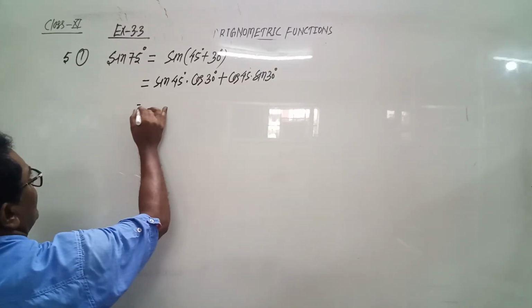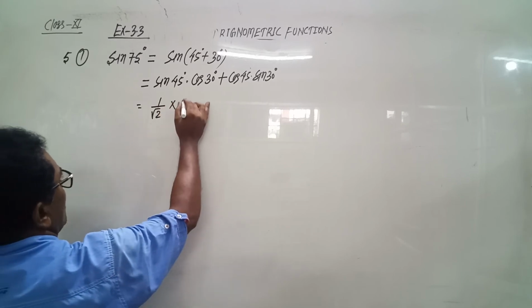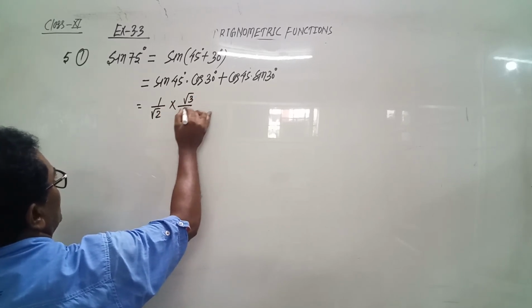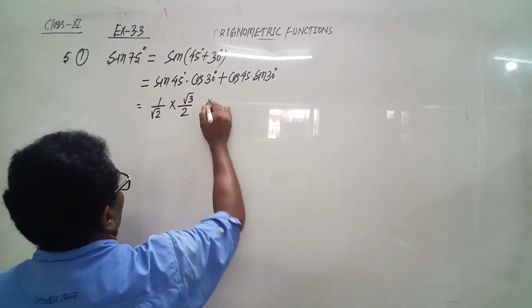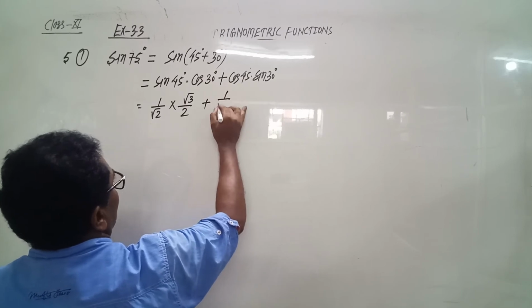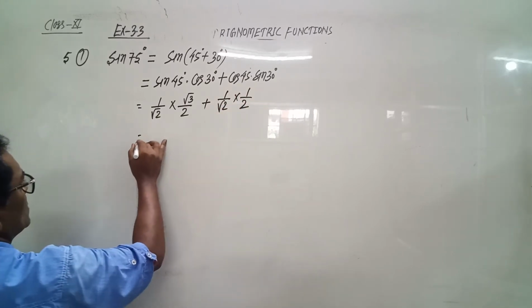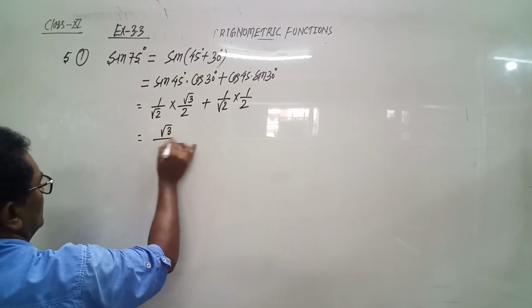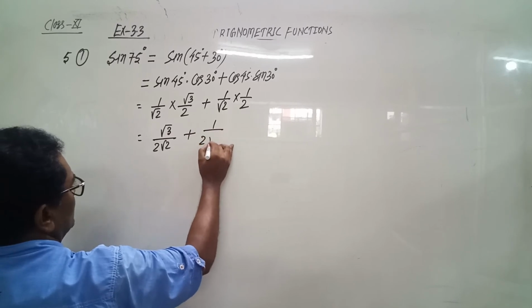So we get sin 45 degree 1 by root 2 and cos 30 degree root 3 by 2, plus cos 45, 1 by root 2, and sin 30, 1 by 2. So we get root 3 upon 2 root 2 plus 1 upon 2 root 2.